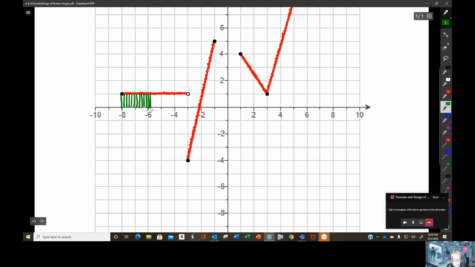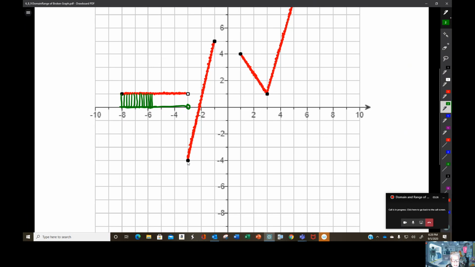So after all these points that are a lot closer than I could draw them match up with a value on the x-axis, the domain looks like this. And then X cannot actually equal -3 because that's an open circle. So there will be an open circle here.